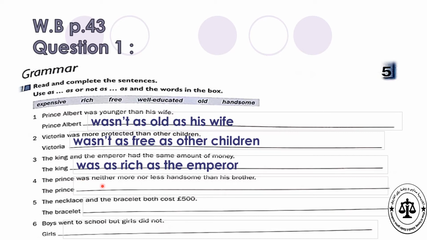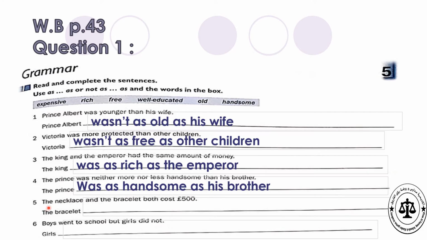The prince was neither more nor less handsome than his brother. The prince, so they are equal. The prince was as handsome as his brother. We mean about neither more nor less, لا أكثر ولا أقل وسامة than his brother, so they are equal.